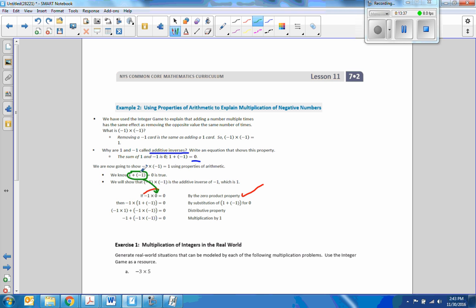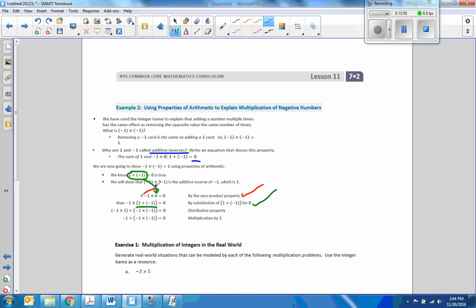Since 0 equals 1 plus -1, I can put this wherever there's a 0. So now I have this -1 here times, instead of 0, 1 plus -1, which is my green here, because it's equal to 0. Substituting in 1 plus -1 for the 0 value.